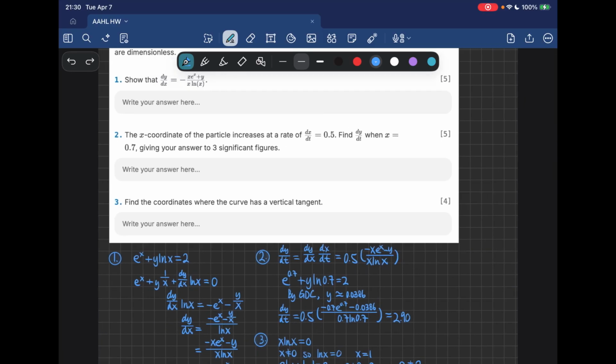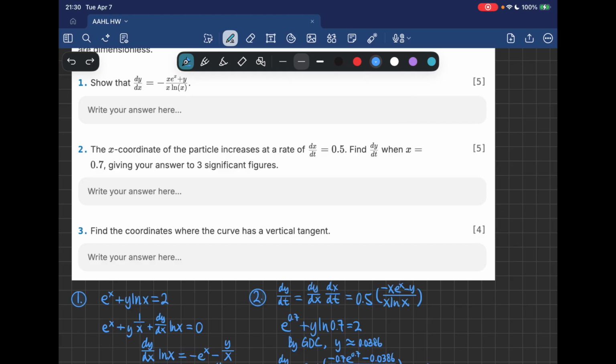So now the x coordinate increases at a rate of dx over dt given as half, and then dy dt we need to find when x equals 0.7, and we can use a calculator for this. So remember the golden formula: dy dt is the rate of interest and dx over dt is given, right?